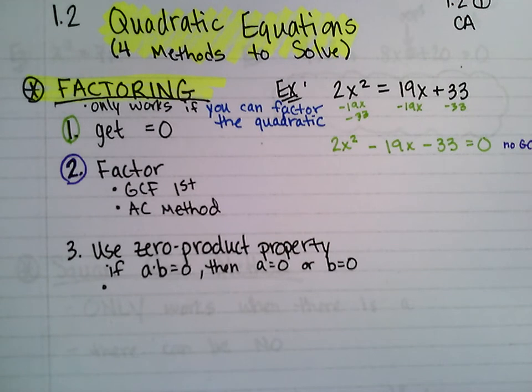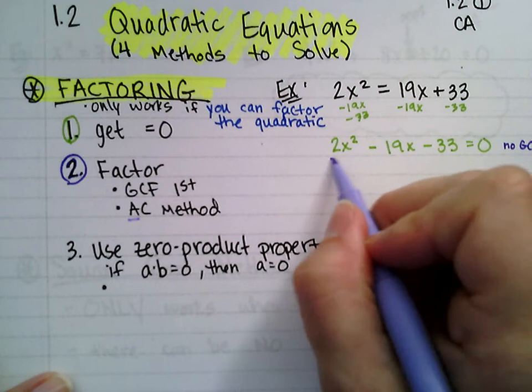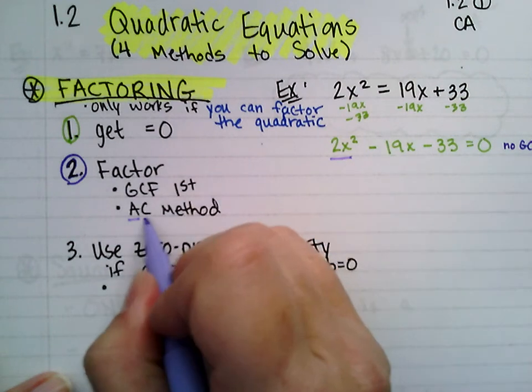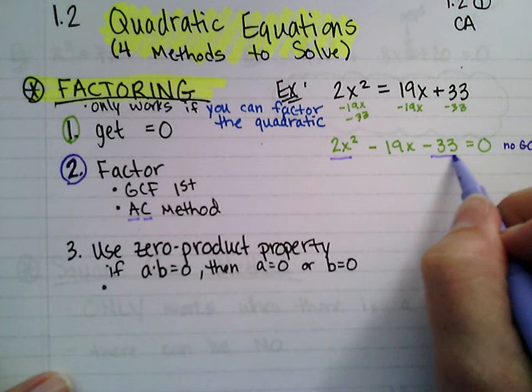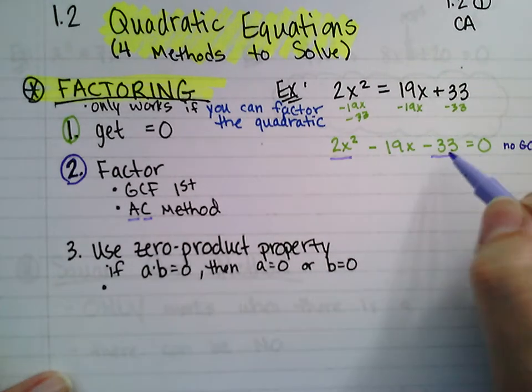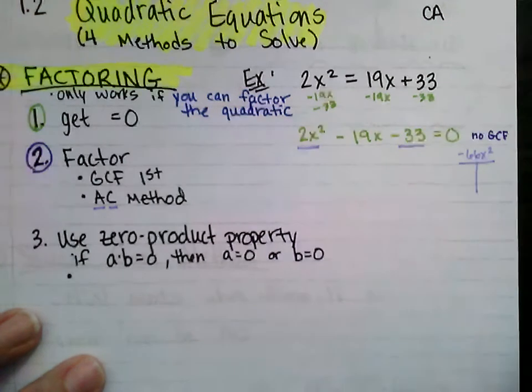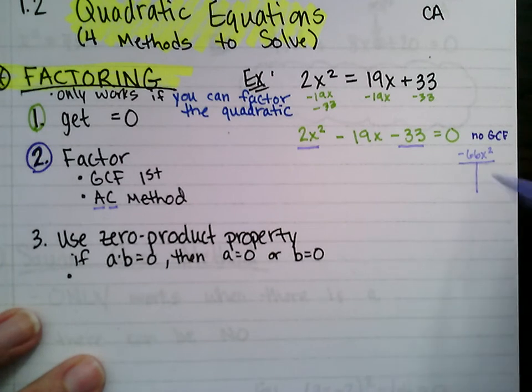In the AC method, we're going to take A, which is going to be our first term, times C, which is going to be our third term. So we're going to multiply those two together. 2x squared times negative 33 is negative 66x squared. And I'm going to start listing out things that would multiply to give me negative 66x squared.